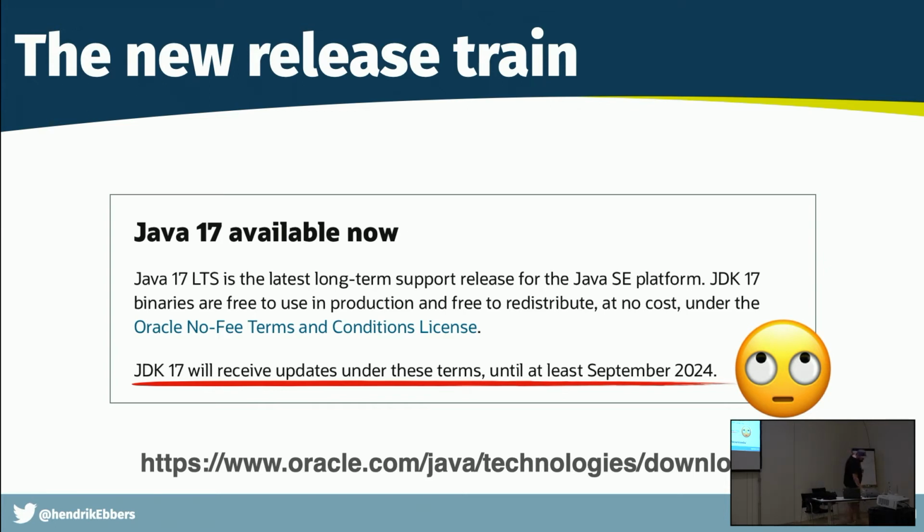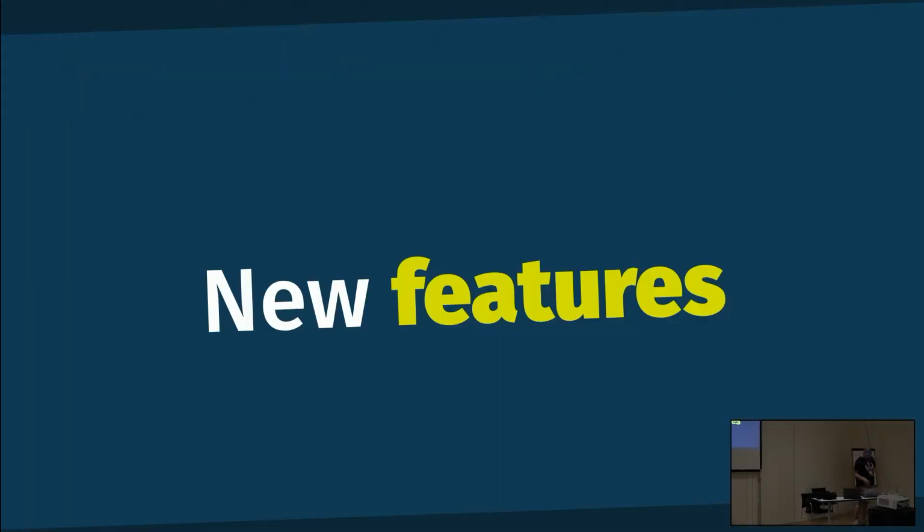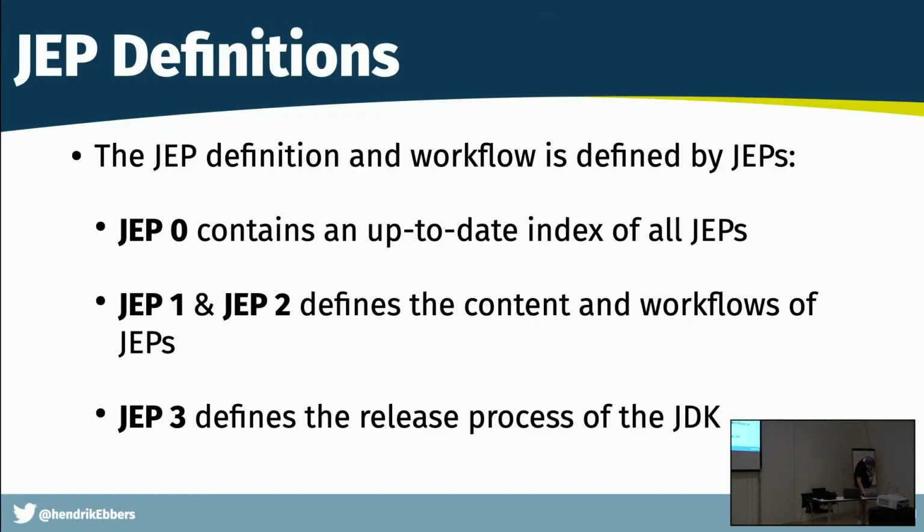And based on this, between Java 8 and 17, a lot of new features became part of the OpenJDK and of Java. So we already talked about the JEPs, and now we will have a look at the different Java versions and the JEPs that are part of them.